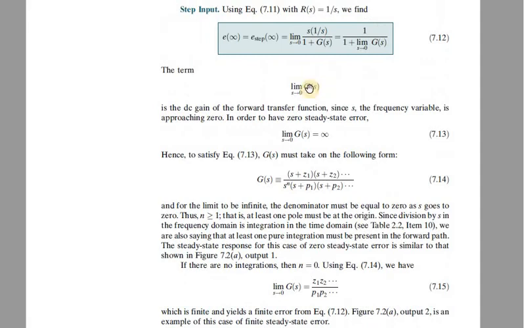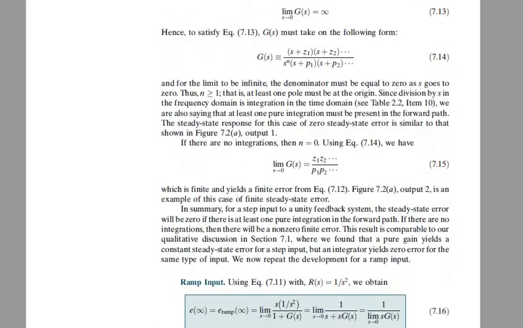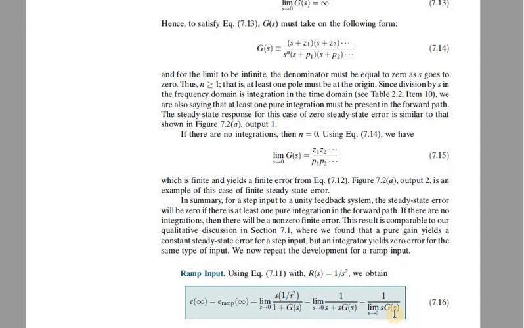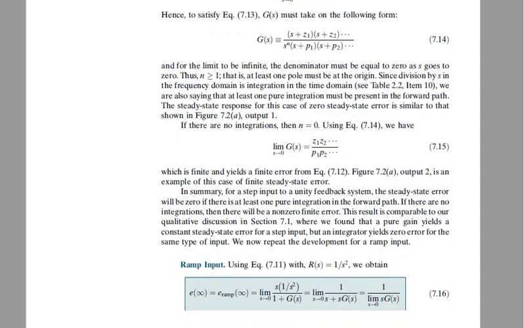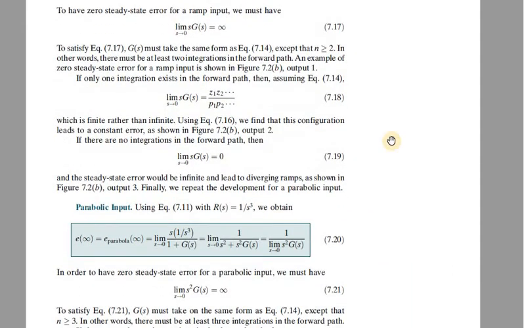For unit step, we have equation 7.12, which is 1 over 1 plus limit s tends to 0 g of s, but in case of ramp we have 1 over limit s into g of s. Now we want this equal to infinity so that we have zero steady state error.